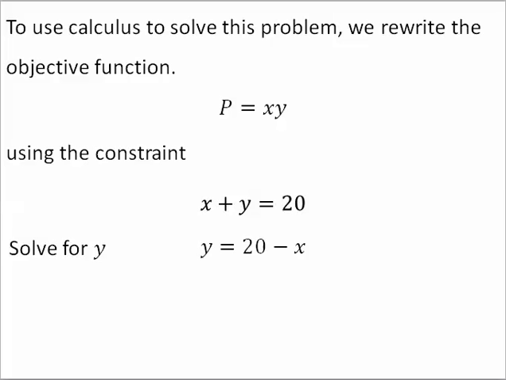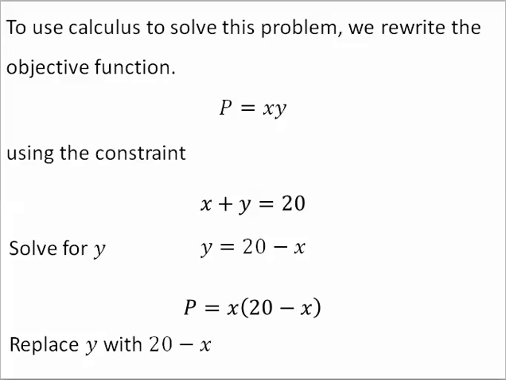Notice in the constraint that y is always 20 minus x. Whatever x is, y has to be 20 minus that value. So use that in your objective function. In the objective function, replace y with 20 minus x.